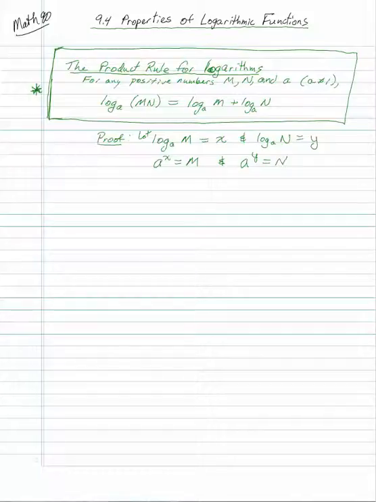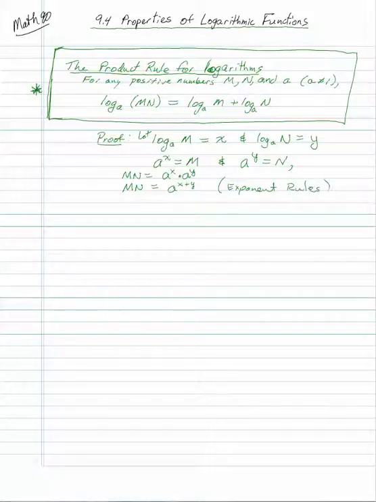So if I asked you to multiply m times n, that's going to be a to the x times a to the y, and using exponent rules, mn is equal to a to the x plus y.